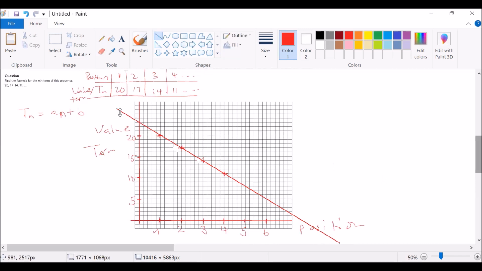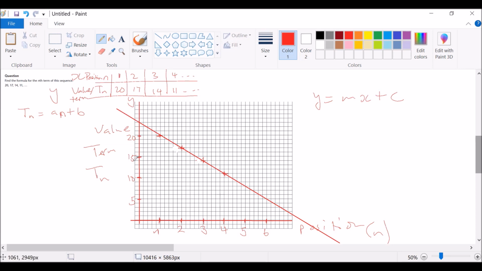So we would want a formula for this straight line. We know the graph of a straight line is in the form y is equal to mx plus c. We can see that our x-axis has the position n, and our y-axis has the value, which is Tn.